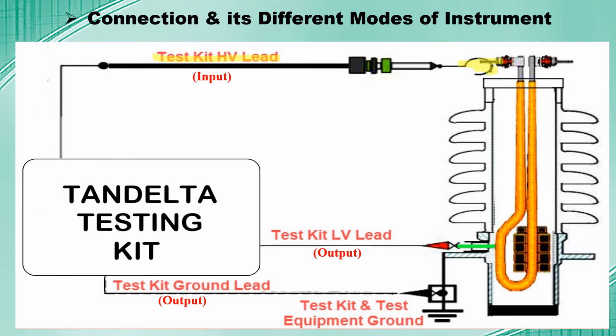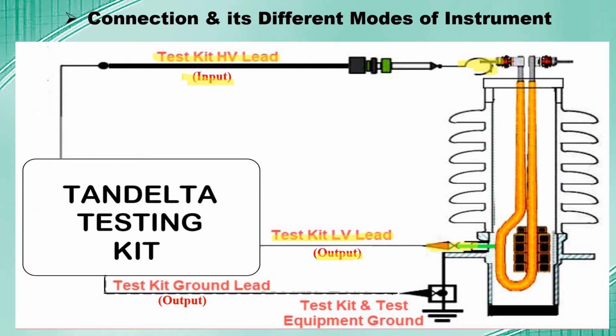This HV cable provides input to the CT up to 10 kV. Then second, we connect the LV cable to the tan delta point of my CT in the secondary terminal box, where the output is read.